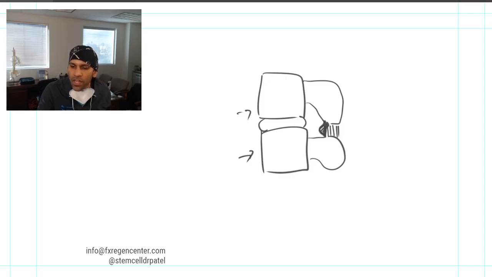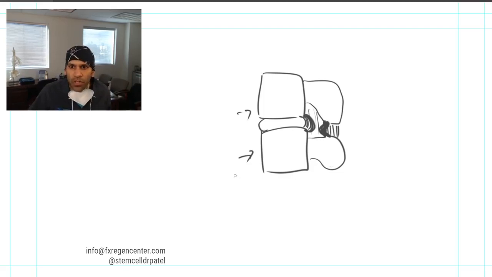And as it stretches, it's going to kink down on itself. That's going to cause narrowing of this space where the nerves are traveling. Similarly, if this disc starts to bulge, because we're putting more and more pressure on it, that further narrows the space where the nerves are traveling. And that is what contributes to what's called central stenosis.